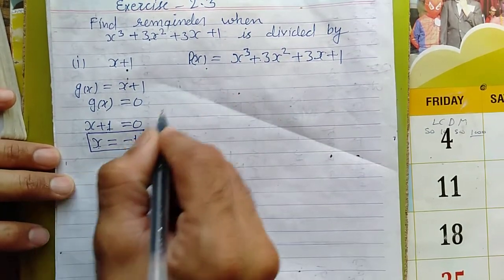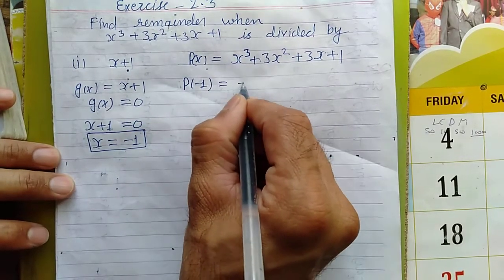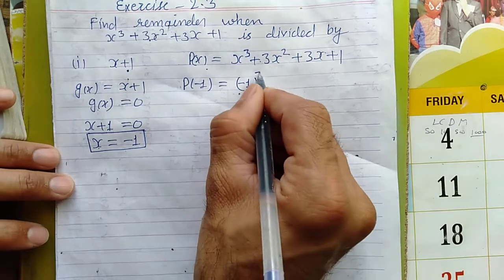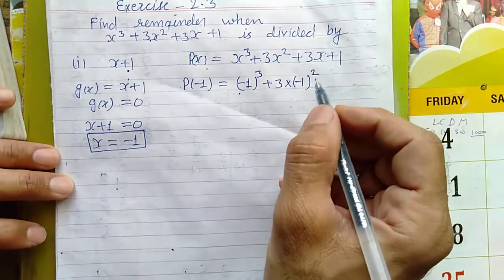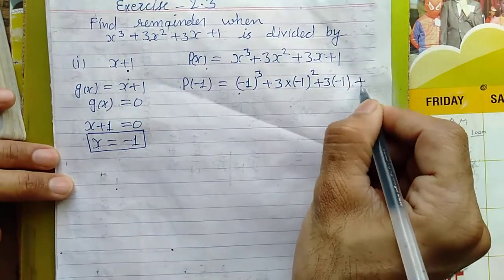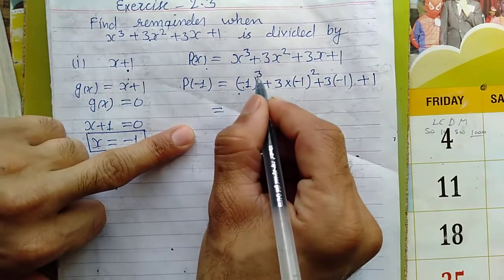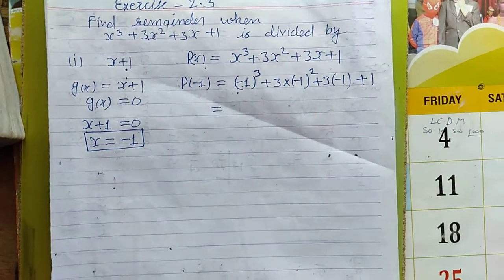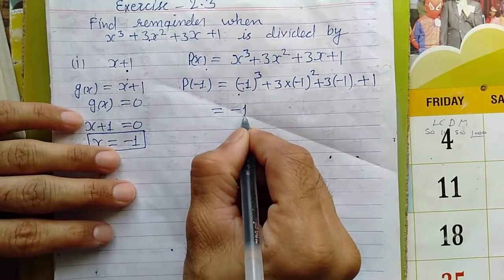So replace this value, p(minus 1). p(minus 1) is equal to, everywhere you have to put minus 1: minus 1 cube plus 3 multiplied by minus 1 square plus 3 multiplied by minus 1 and plus 1. So here minus 1 cube: when we multiply minus 1 three times, the power is an odd number, so minus 1 will come.